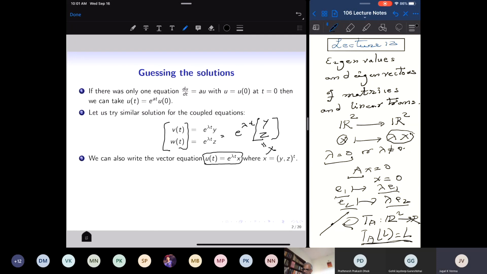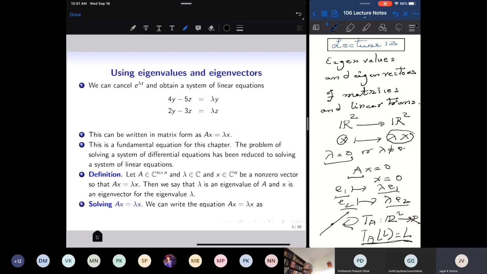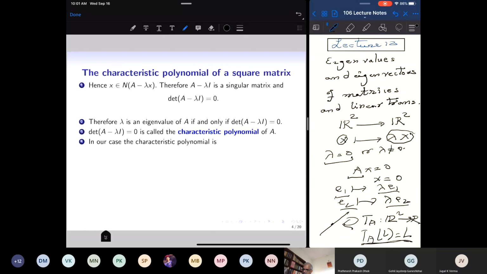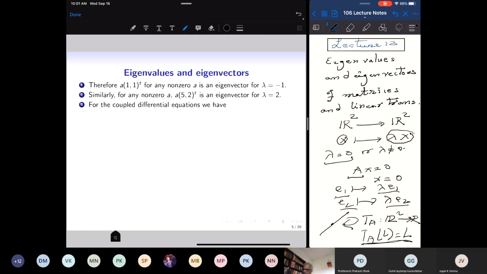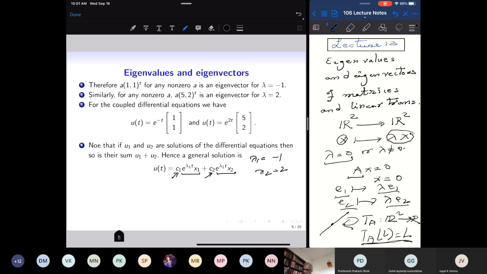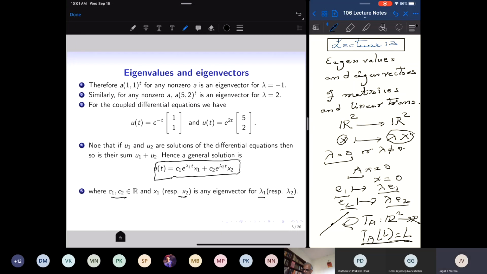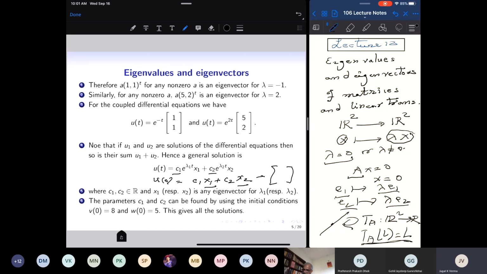So you keep that in mind to find C1 and C2. Putting t equal to 0, we will get v0 and w0, which are known to us. The parameters C1 and C2 can be found by using the initial conditions v0 equal to 8 and w0 equal to 5. And this will give me C1 and C2, and therefore we have found the solution of the differential equation.